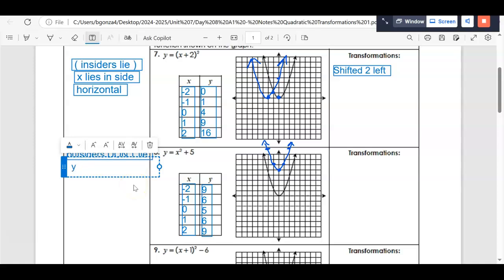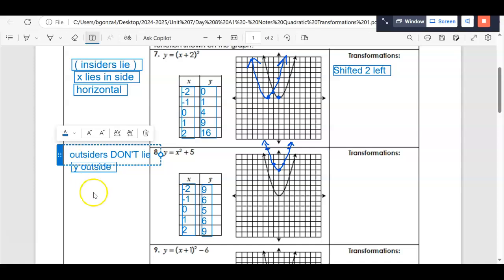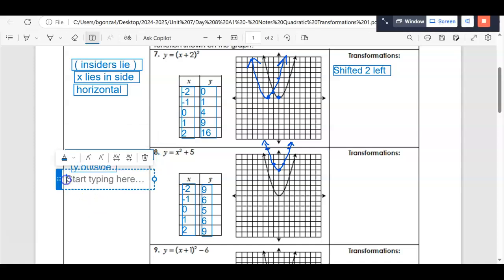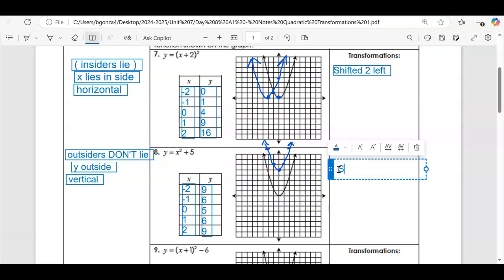Why outside? And then this is vertical. Cool. So let's go and write our transformation that it shifted up 5. Oh, shifted. Don't forget that F. Whew.